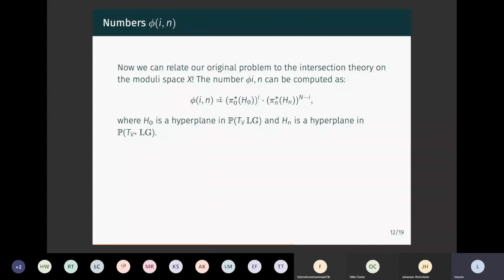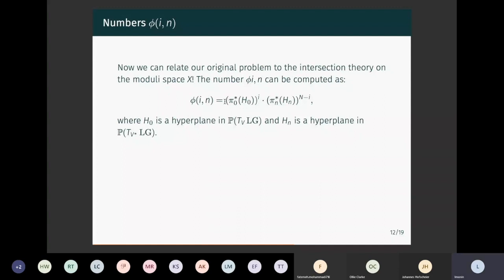Instead of doing this intersection with a graph of our inversion map, we can also do this intersection on X itself, and we'll get the same answer as before, because X exactly resolves our inversion map.